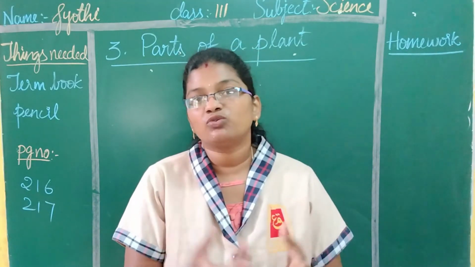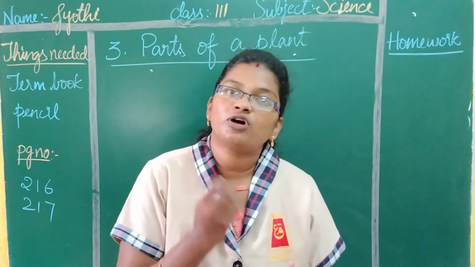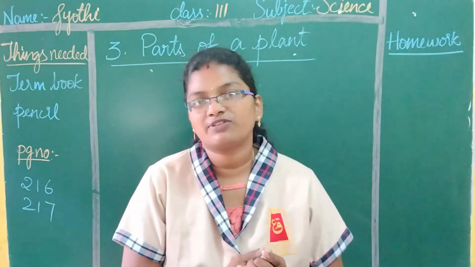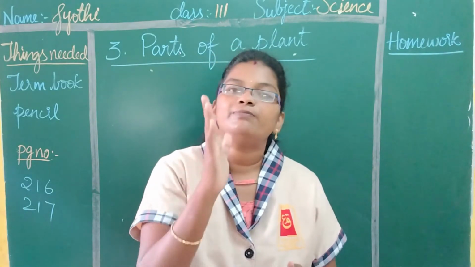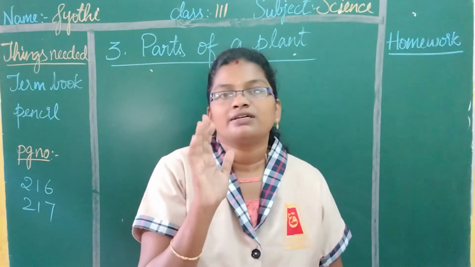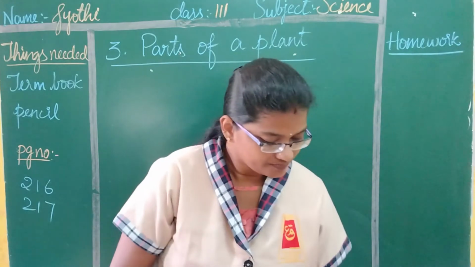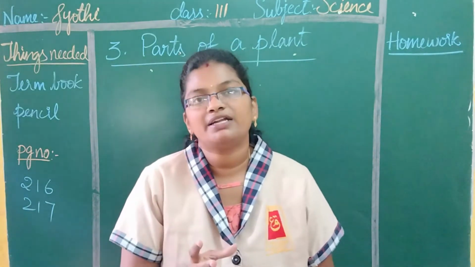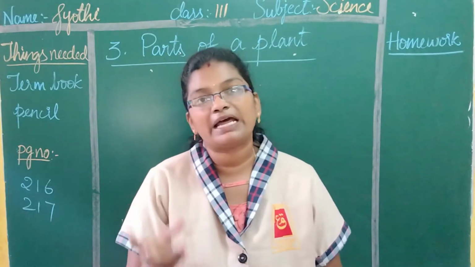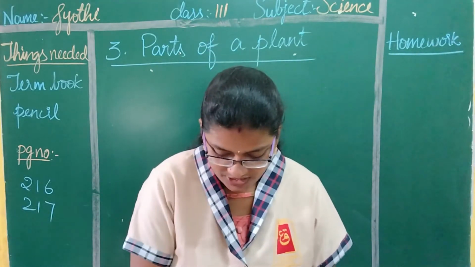Roots are going to absorb the water and minerals from the soil. And the stem will help the plant to stay alive. In this way each and every part is going to help the plant in different ways.